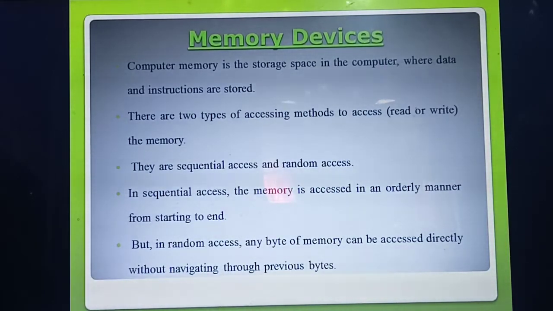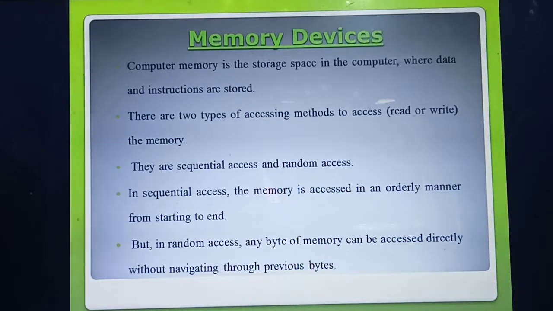Now, what are the two types of access? Sequential access and random access. Sequential means you need to remember the order. For example, roll numbers 1, 2, 3, 4, 5 are in an order, sequential. So sequential access means the data stored in memory is accessed in order, from start to end. For example, if you store the numbers from 1 to 100, it will first access the first memory, 1, then 2, 3, 4, 5, till 100, from start to end.